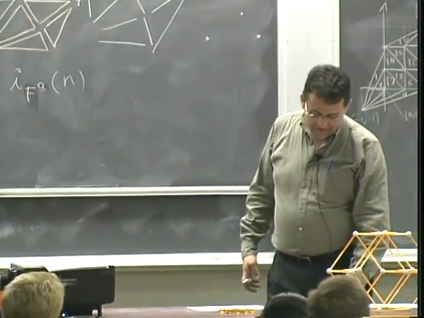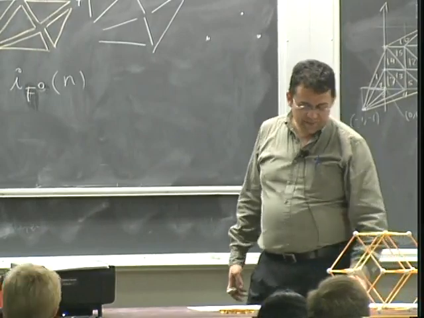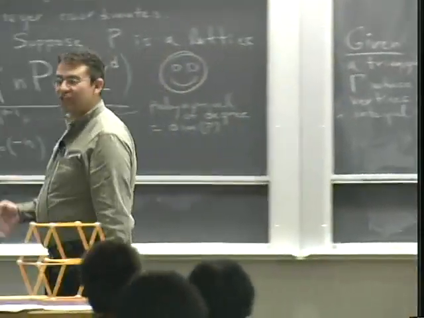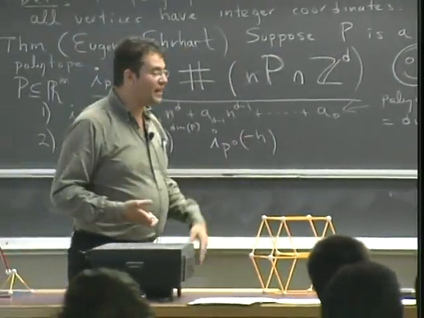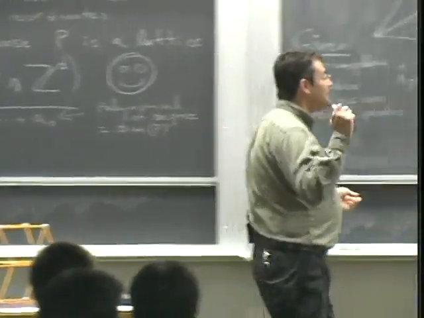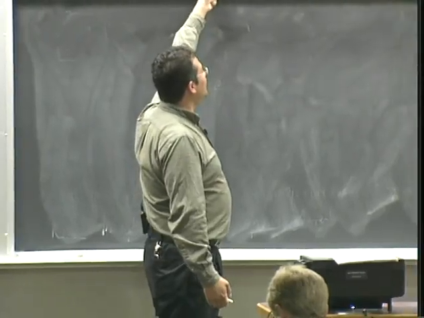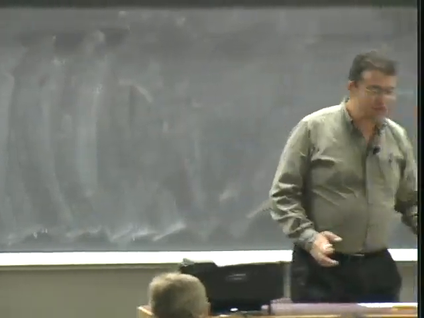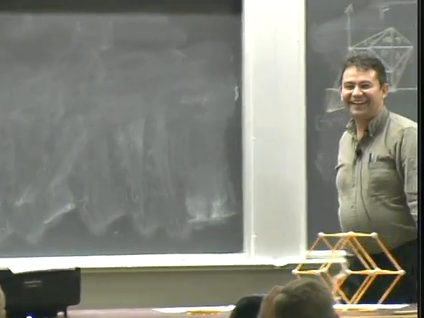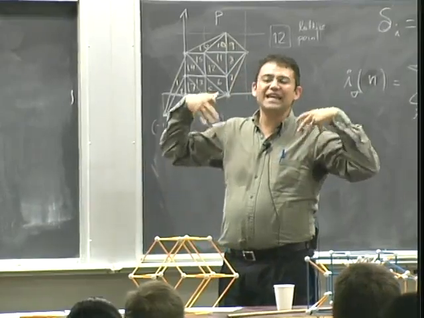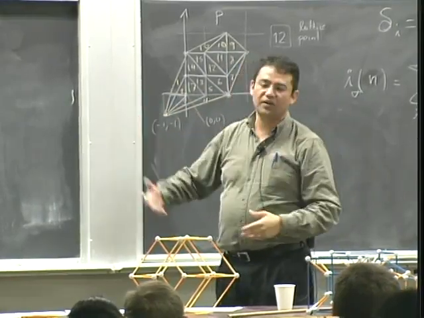Okay, so that's the Ehrhart polynomial, and to prove the theorem, you reduce it to simplices, and again, you use triangulations. But this is kind of the moment where maybe I'm going to finally say something new for Matthias: triangulations have an even deeper relationship with Ehrhart polynomials.